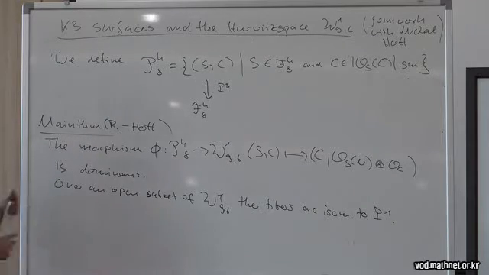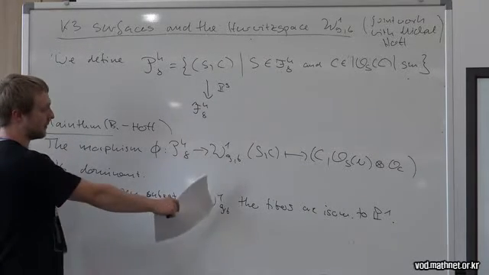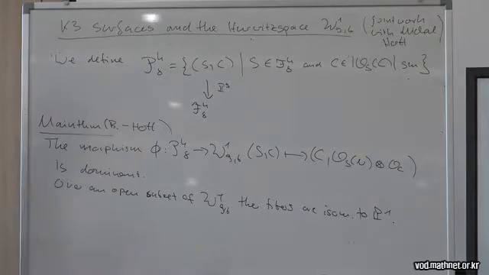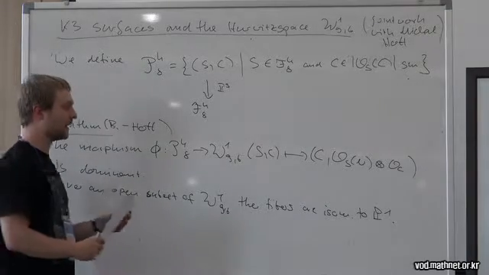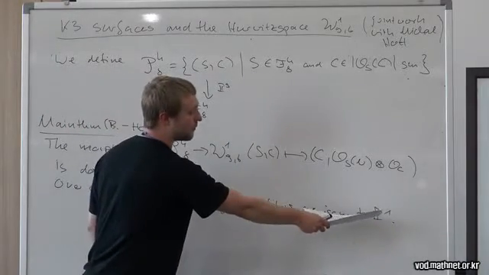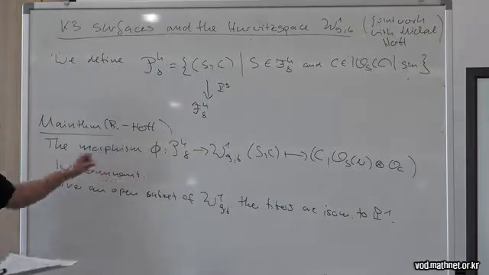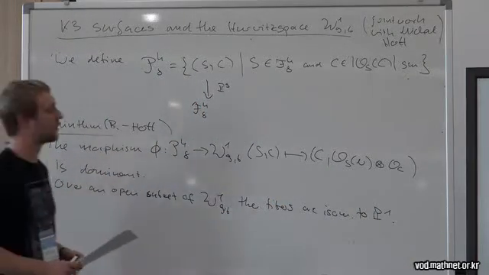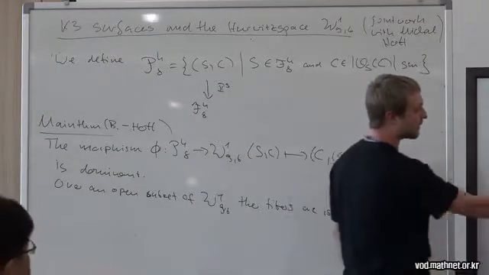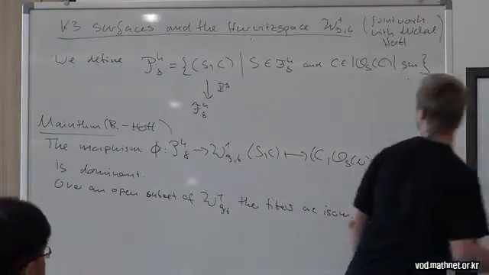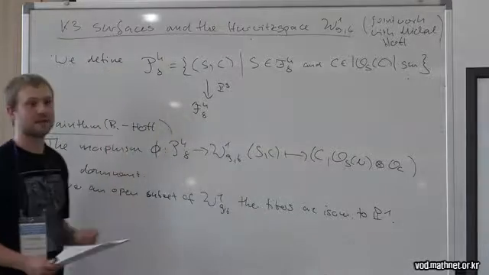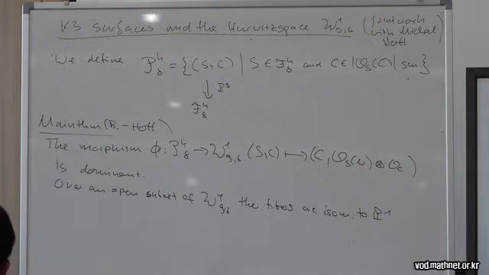Since we know that this space W196 is unirational, and knowing that over an open subset we have fibers isomorphic to P1, this theorem gives us in particular the unirationality of this space, the tautological bundle over FH8.